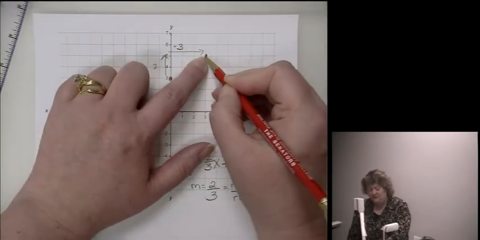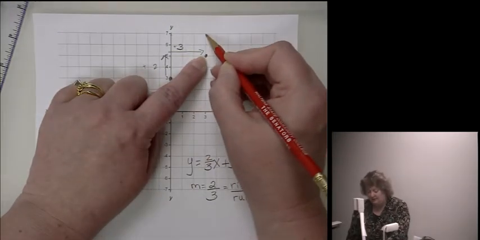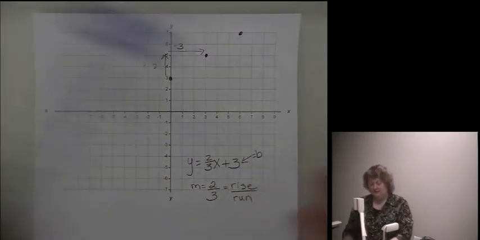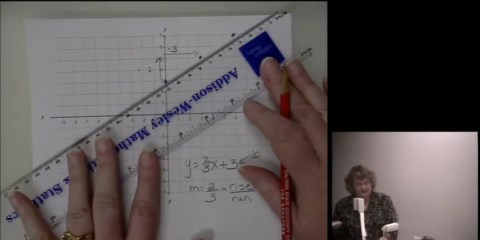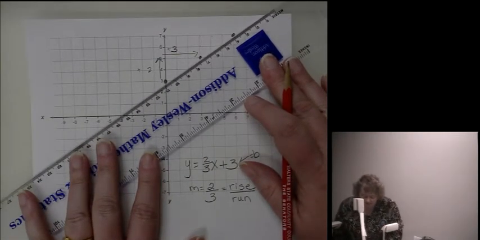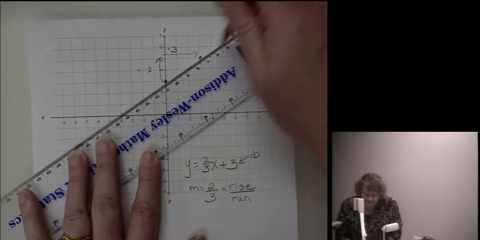Then with your pencil here, and again, notice I moved my finger, I'm going to go up 2, out 3. Notice I'm out of graph. So I'm going to stop, and this time the pattern's a little difficult, so instead of finding the pattern, I'm just going to line up my 3 points and draw my line.